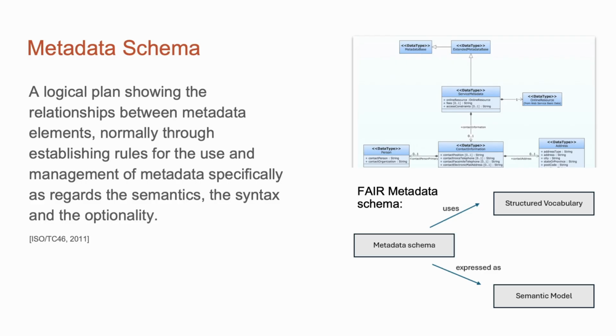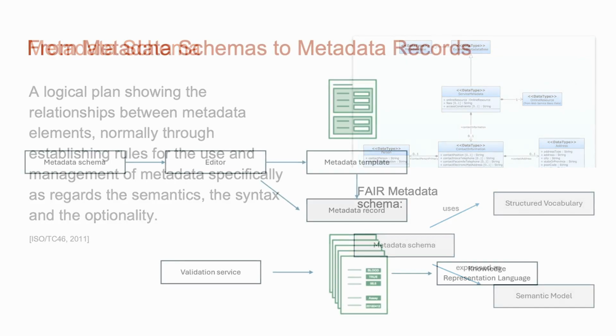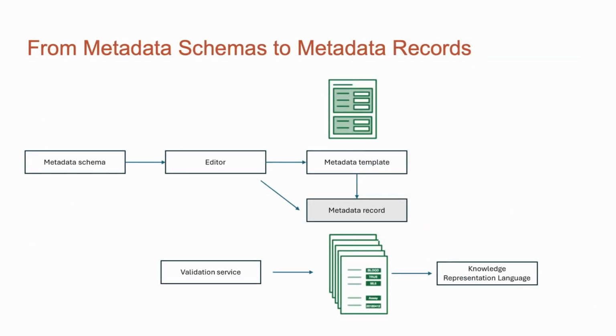It is considered machine readable if it uses a structured vocabulary and is expressed as a semantic model, typically an ontology. To create a metadata record or instance, you need a template or form. This record can be verified against a schema using a validation service.